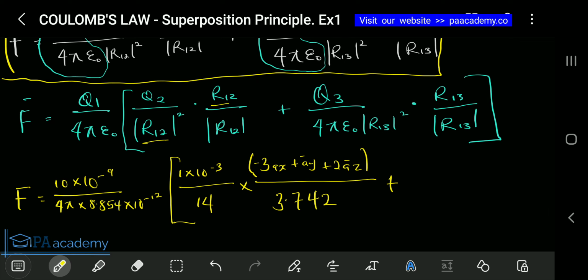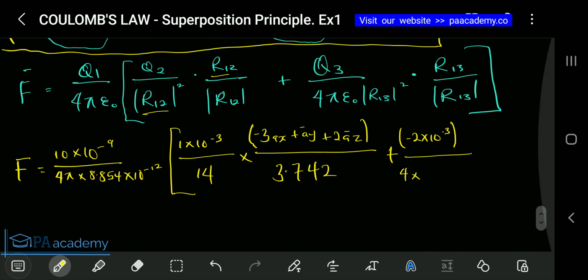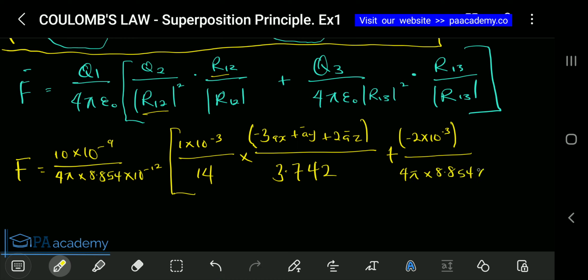Let me put that in brackets, minus 2 times 10 raised to the power minus 3, divided by 4 pi times 8.854 times 10 raised to the power minus 12.